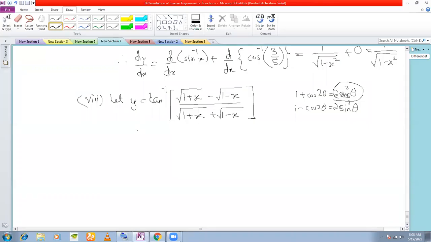So what you do here is substitute, put x is equal to cos 2 theta.